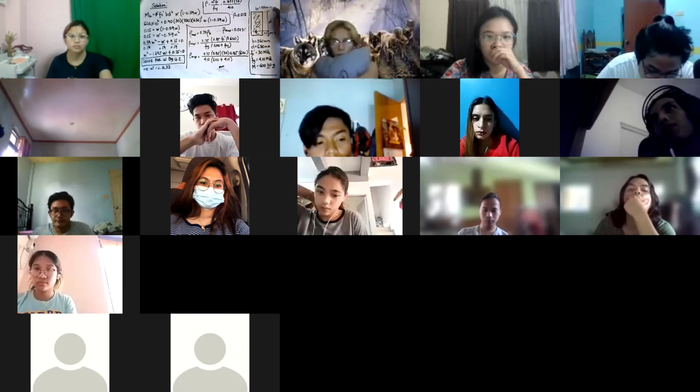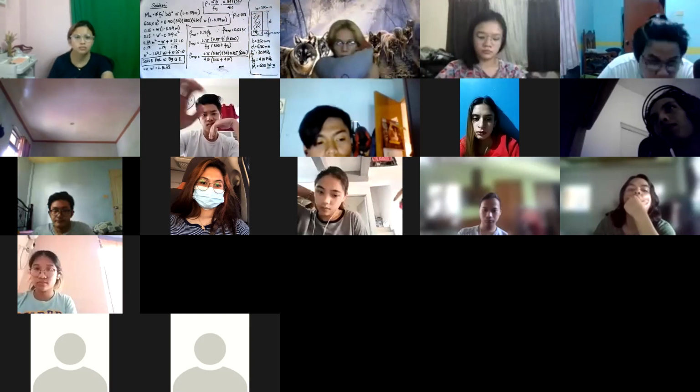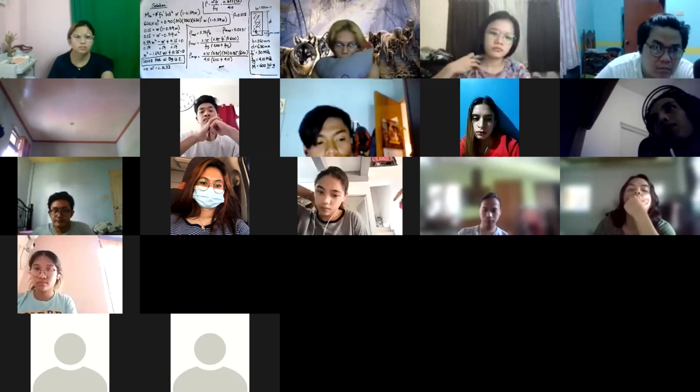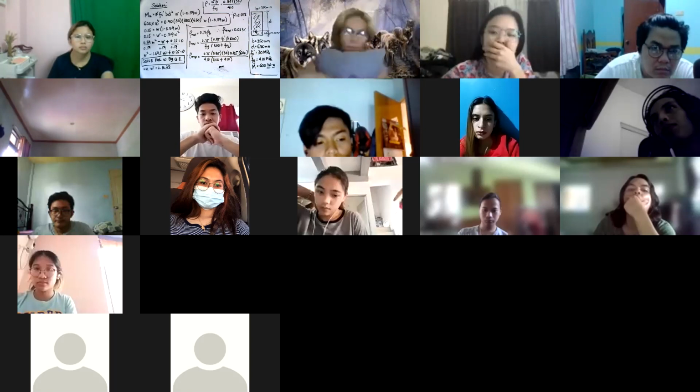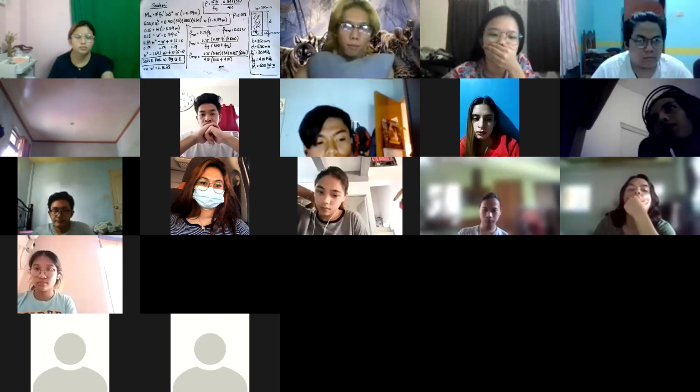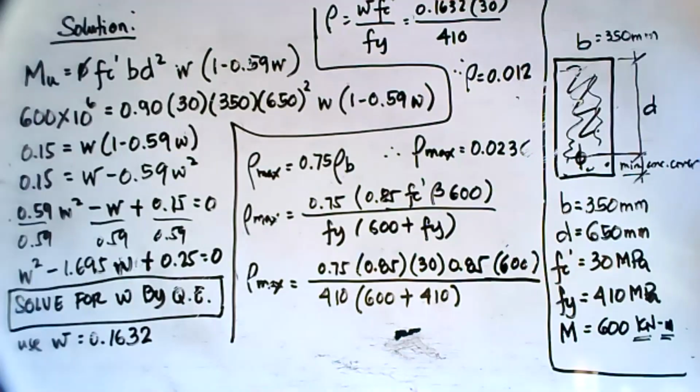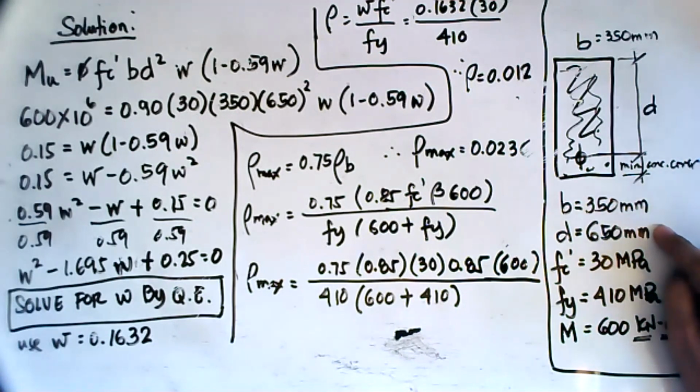Okay. We've got a 350 mm here. Let me just spin this one. So the 350 mm is the width of the beam, the effective depth is 650 mm.